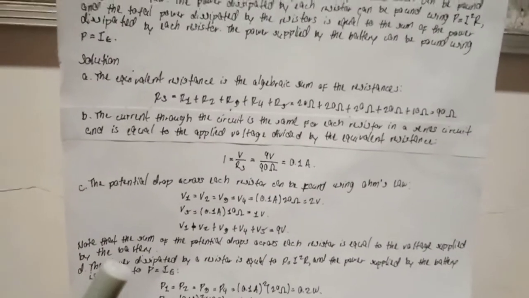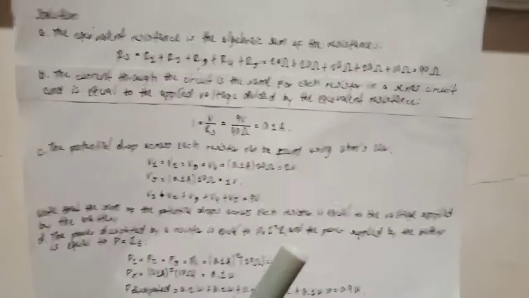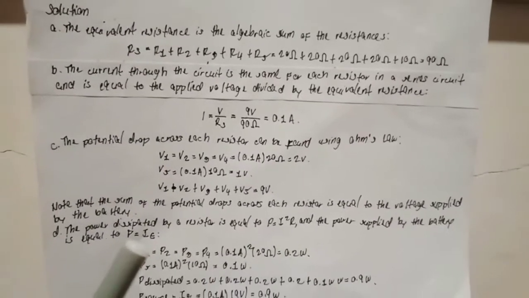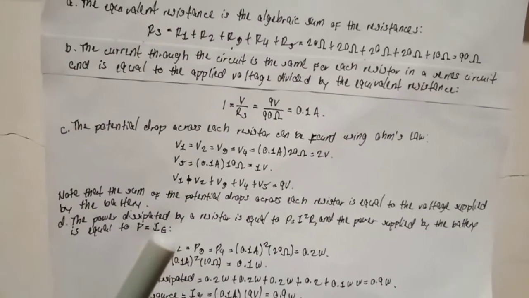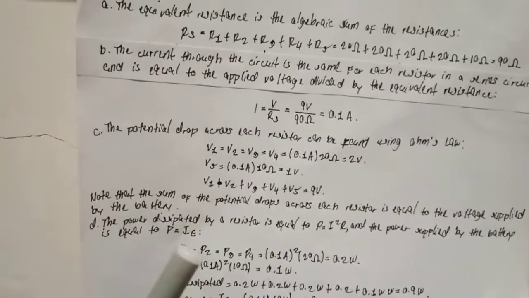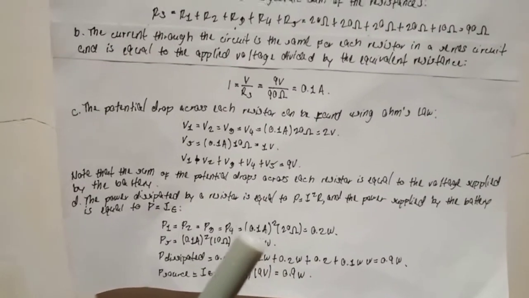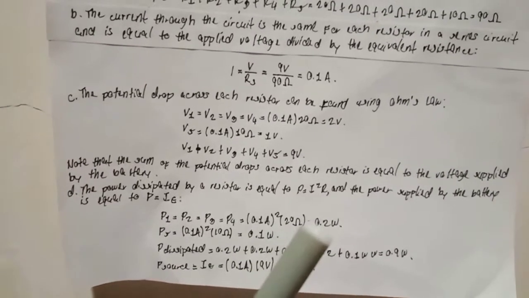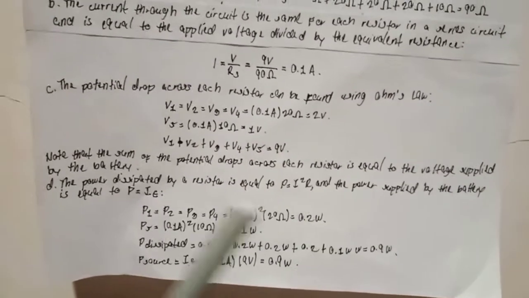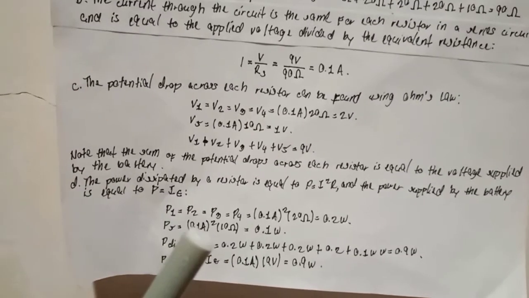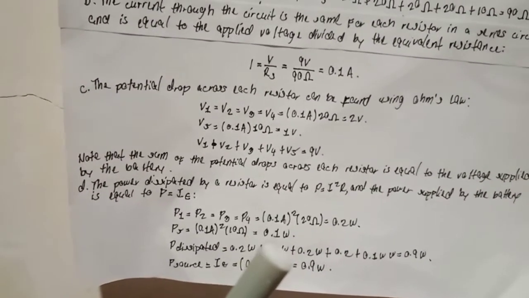D. The power dissipated by a resistor is equal to P is equal to I squared R, and the power supplied by the battery is equal to P is equal to I E. P sub 1 is equal to P sub 2 is equal to P sub 3 is equal to P sub 4, which is equal to 0.1 ampere squared multiplied by 20 ohms, which is 0.2 watts, and P sub 5 is equal to 0.1 ampere squared times 10 ohms, which is equal to 0.1 watts.